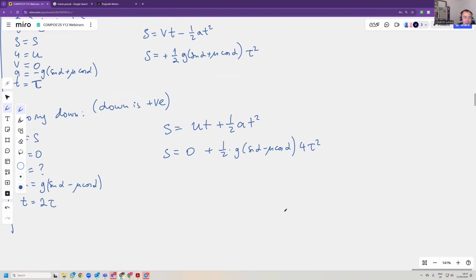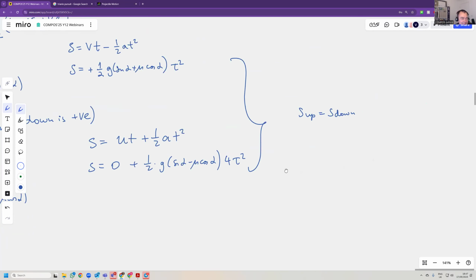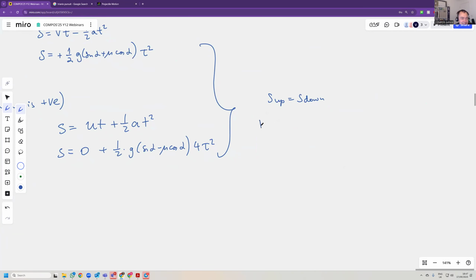Now we can equate them, of course, because s is equal to s. So s up is equal to s down, and that is 1/2 g (sine alpha plus mu cos alpha) tau squared equal to 1/2 g (sine alpha minus mu cos alpha) 4 tau squared.